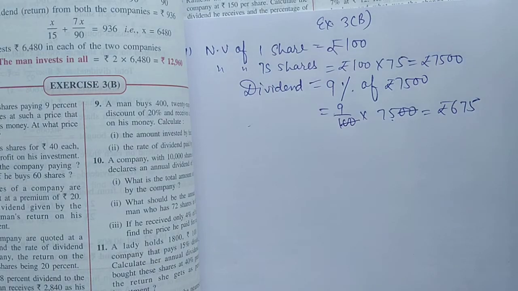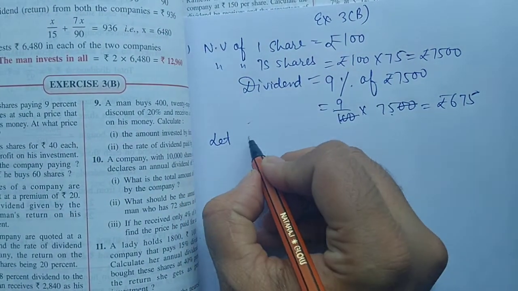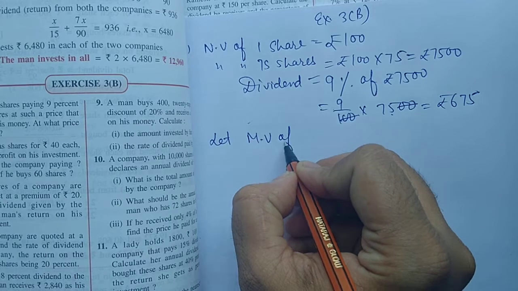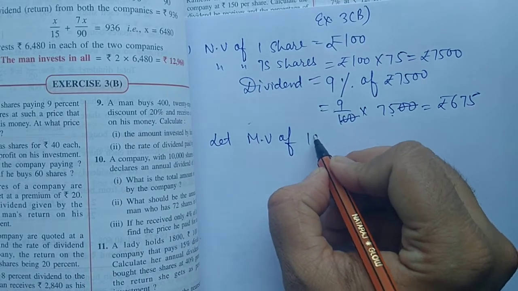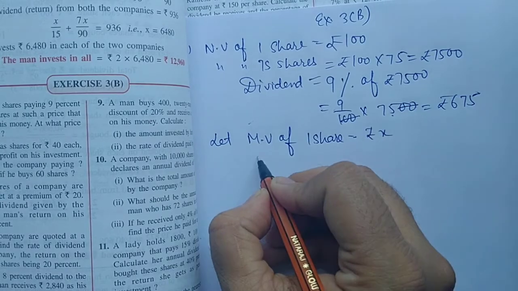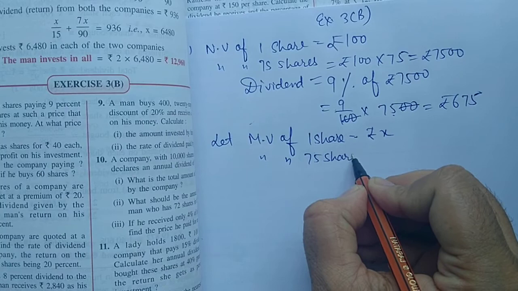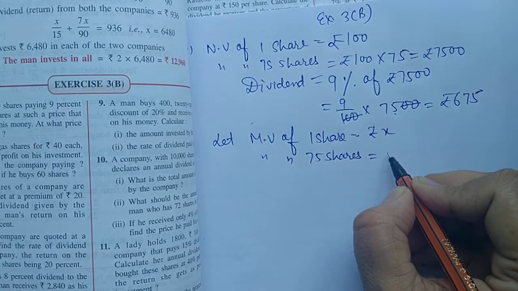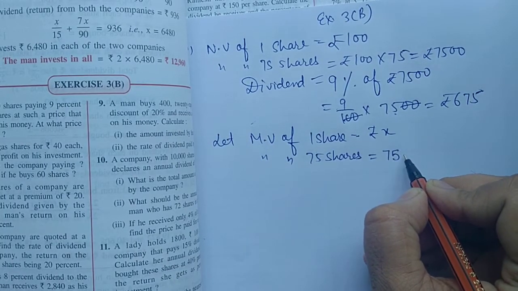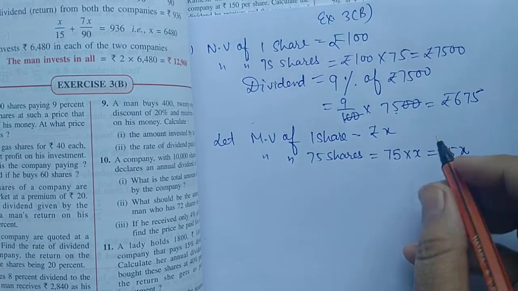So we will have to find the market value. Let the market value of one share be rupees X. Then the market value of 75 shares will be 75 multiplied by X, that is 75X.